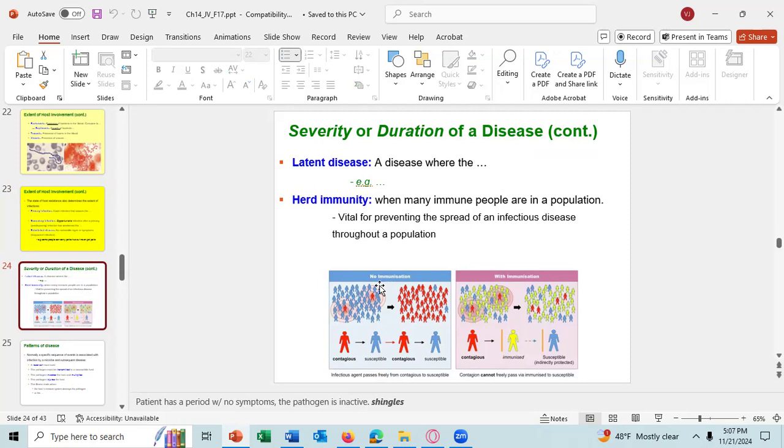A classic case of a latent disease is shingles, where usually a child comes down with the chickenpox virus. The virus causes a disease called chickenpox, and then the virus goes latent and just sits out in the ganglia of a nerve, and it may sit there for decades, meaning many, many years.